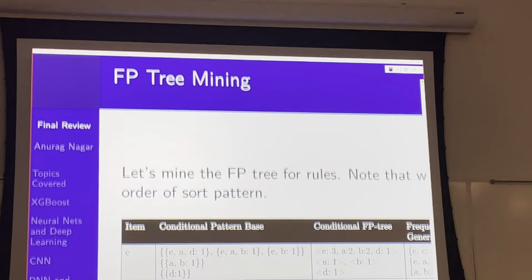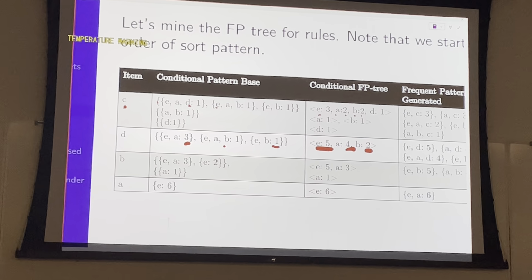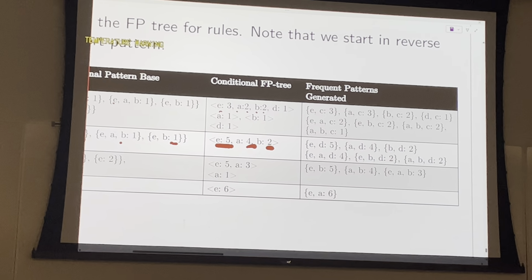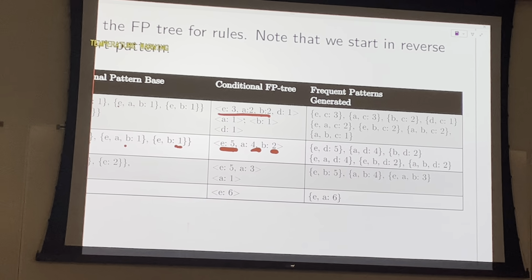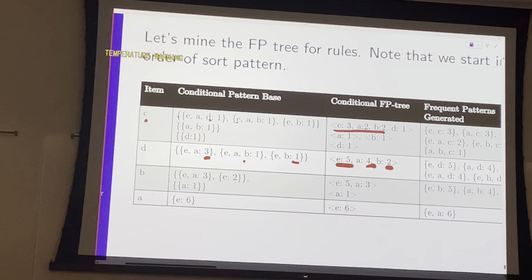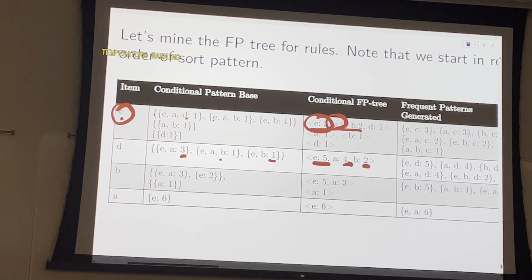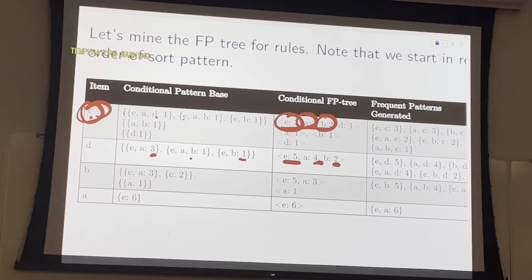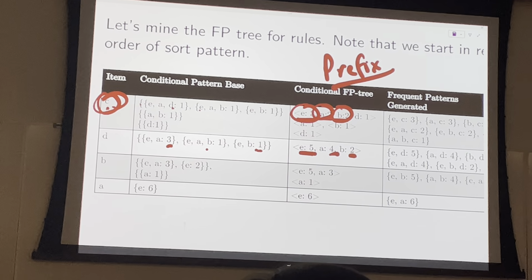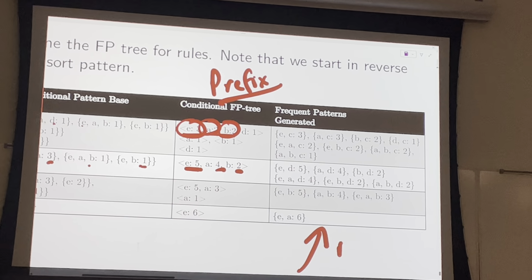So E A B C. Sorry, EC: E and C, you can combine EC. A and C, you can combine AC. B and C, you can combine. So you combine these, which are called the prefixes, and you can generate something like this. And these will be the final patterns that are generated.